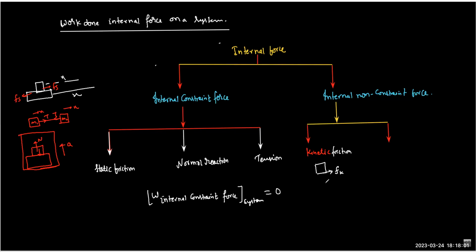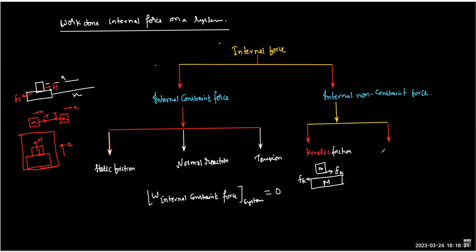So if Ft is acting forward and Ft is acting backward on a system, then both will not move by the same value. In kinetic friction a relative motion is there, right? So because of the relative displacement, there is some work. It's not zero, it's non-zero. I'll come to exactly how much that is.